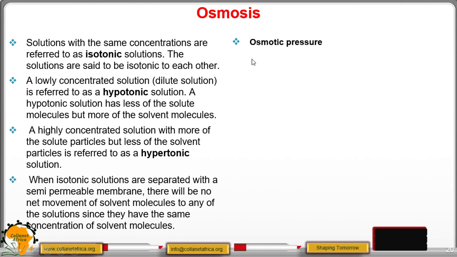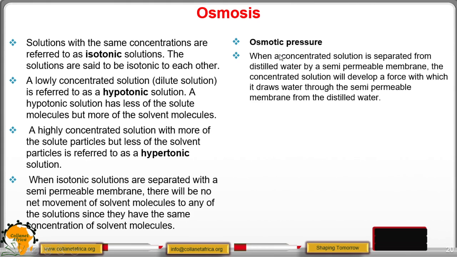So our next thing we want to look at is what we call osmotic pressure. When a concentrated solution is separated from distilled water by a semi-permeable membrane, the concentrated solution will develop a force with which it draws water through the semi-permeable membrane from the distilled water.